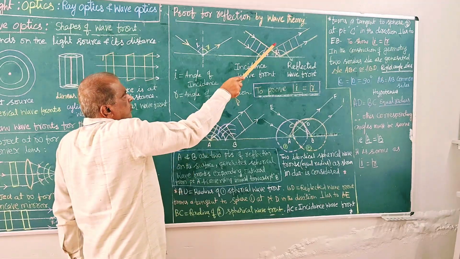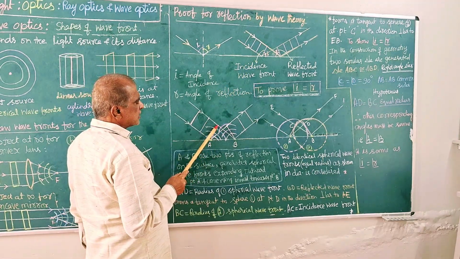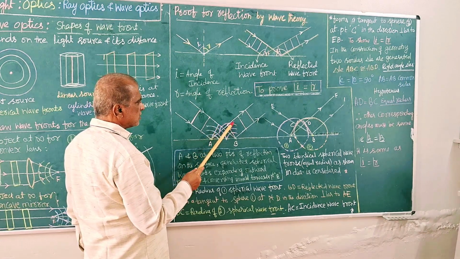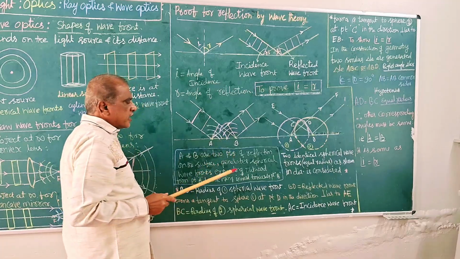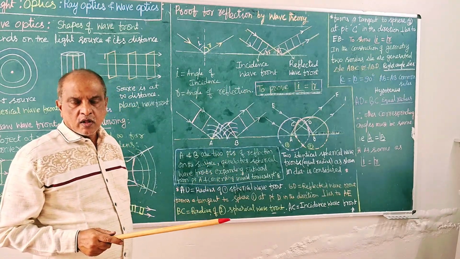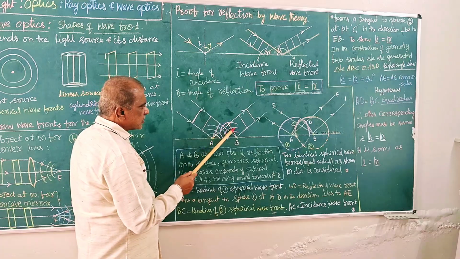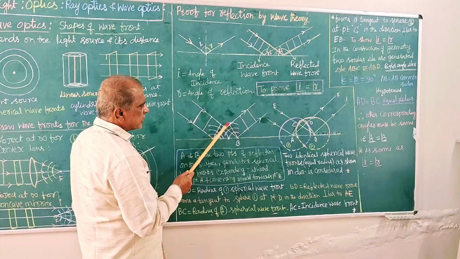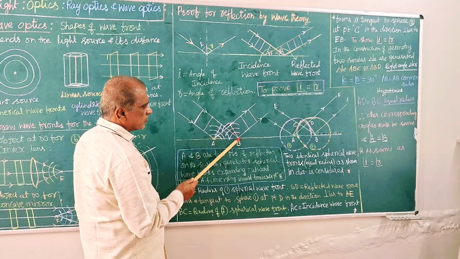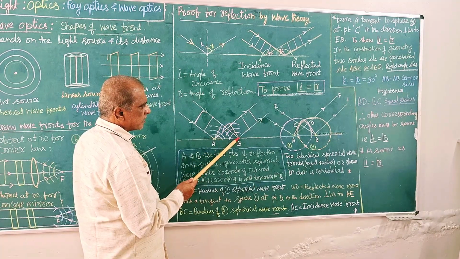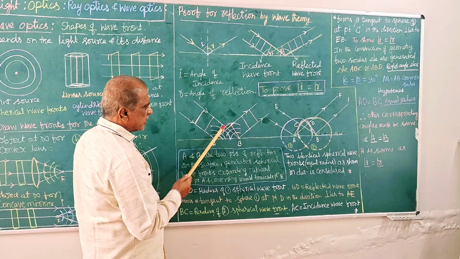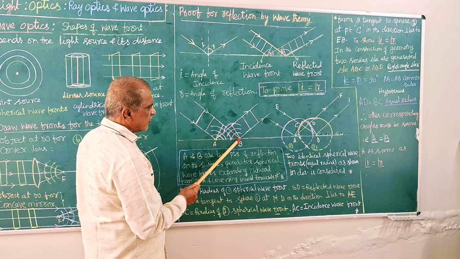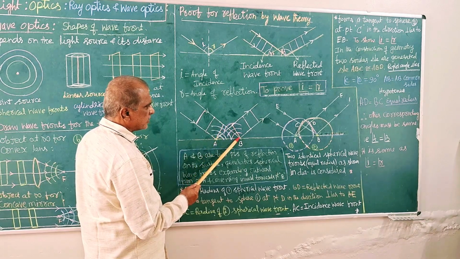From this point the spherical wavefronts are generated. What kind of spherical wavefronts? Converging wavefronts, converging to point P. The wavefront shrinks in size till the point is reached. These are converging wavefronts. So that is the shape of the wavefront when the light is traveling from this point to this point.